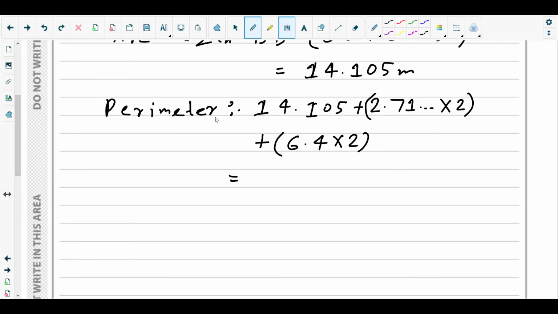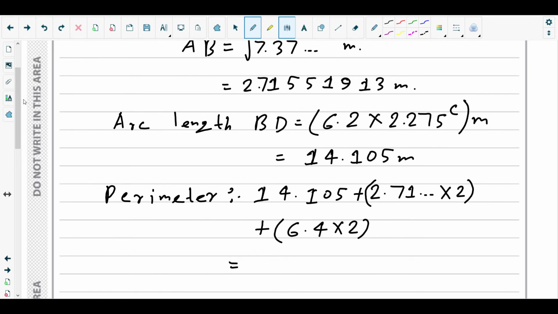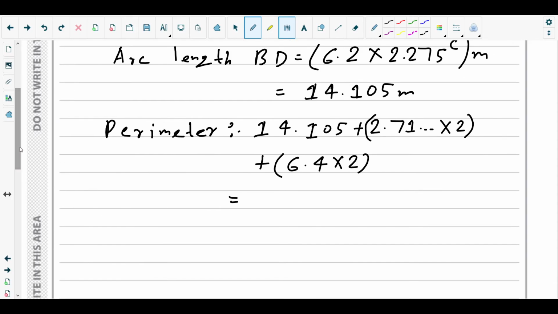So what would be the total length? 2.71551913 times 2, and then plus 2 times 6.4, so the total length is 32.3360... it's like an infinite decimal value.